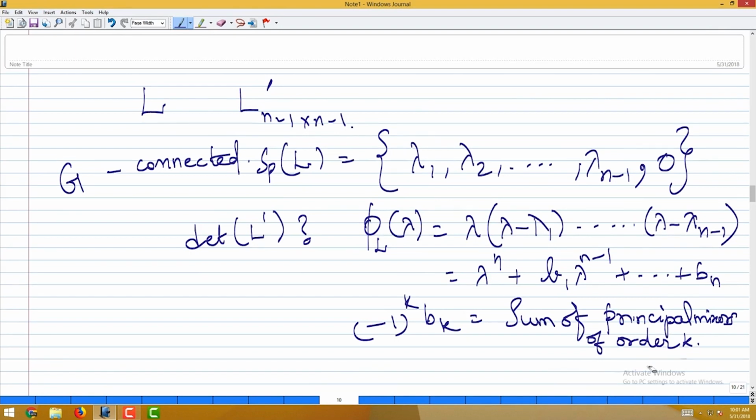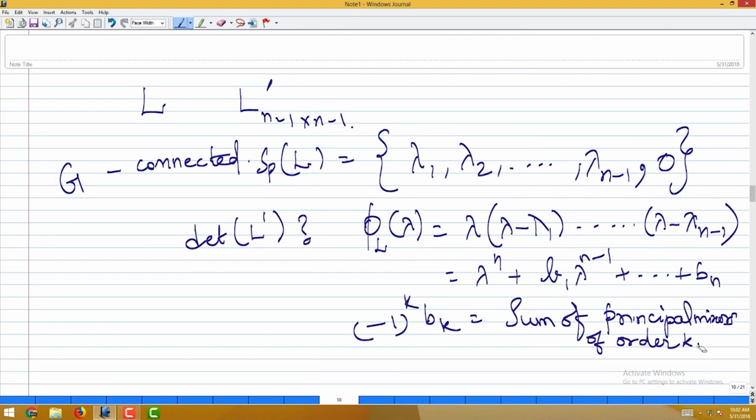From here, if I want to look at order k, that means order n minus 1, that is what we want. The determinant of L prime is nothing but the n minus 1 by n minus 1 submatrix. So, from here if I want to connect that, what will be the value?